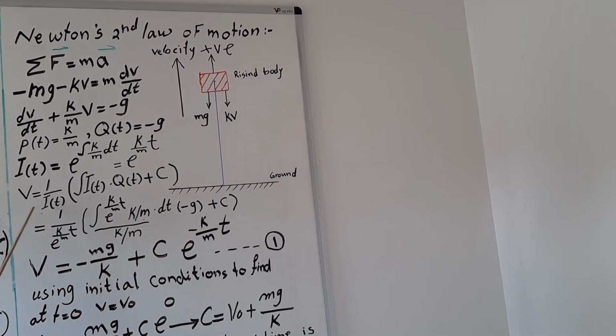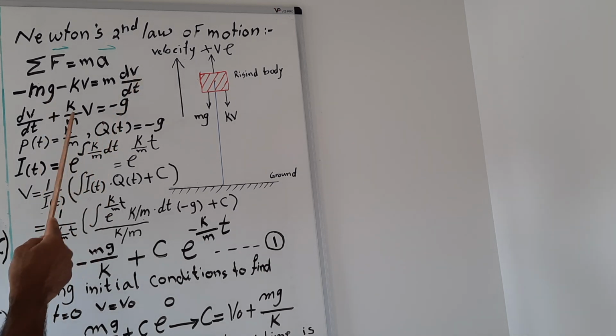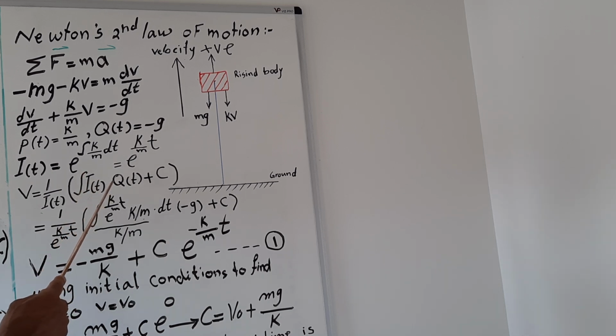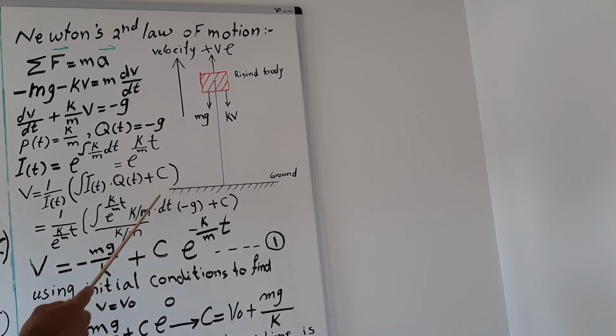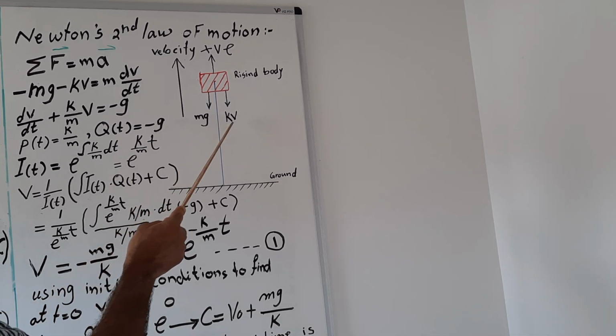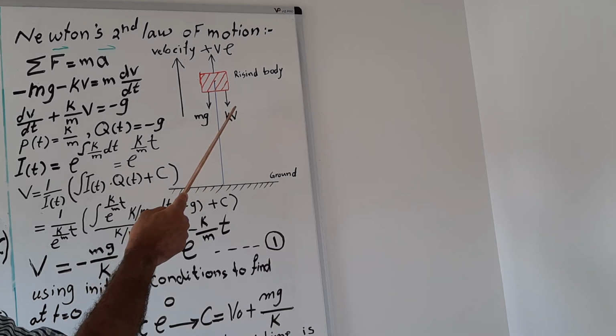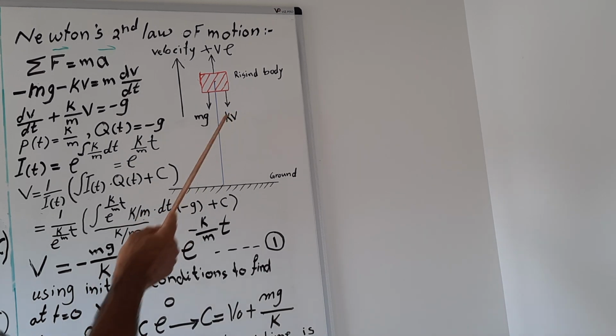So this is the solution of our differential equation, 1 over I of t times the integral of I of t times q of t plus c. This is c, the constant of integration. This k is a different constant related to the drag force or the air resistance.